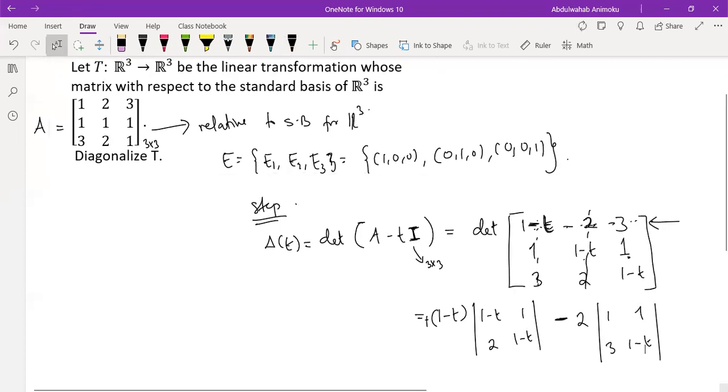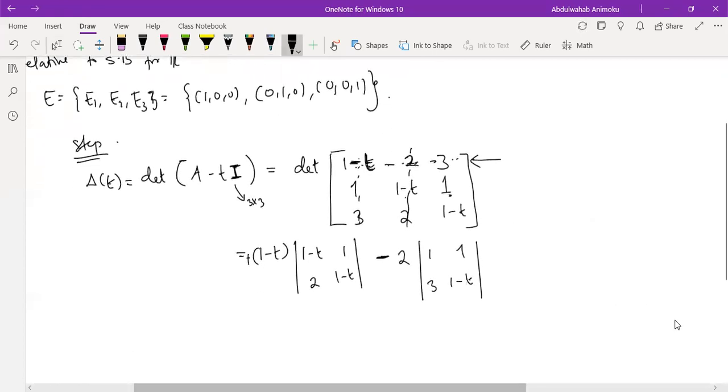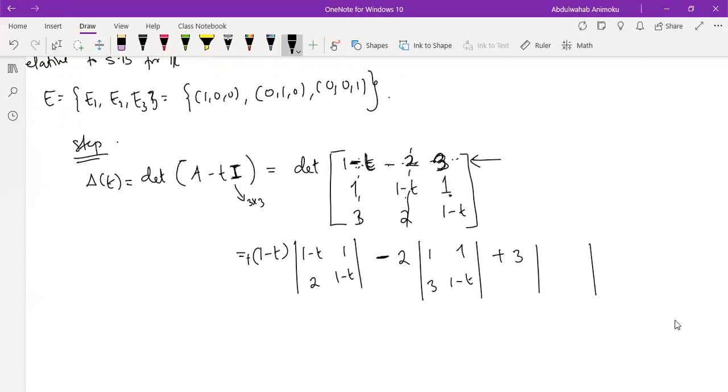Then we move to the last one, which is 3. So we have plus 3 times the determinant of what remains when we close the row and column that 3 belongs to. That will give us 1, 1 minus t, 3, 2. All right, perfect. So this is what we have.